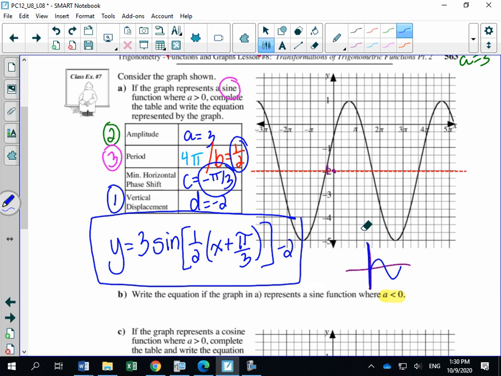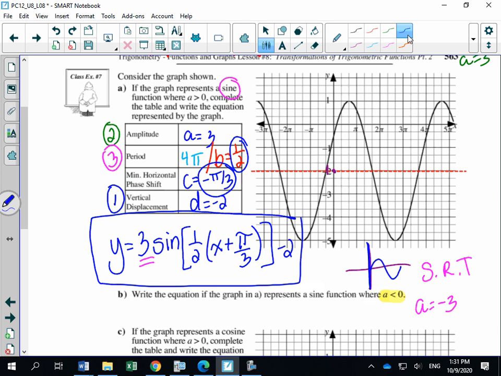Here's what we have to do to get this guy. A is less than 0. What that means is the following. If we undergo SRT, our stretch was 3. But because it's less than 0, our A value is negative 3.